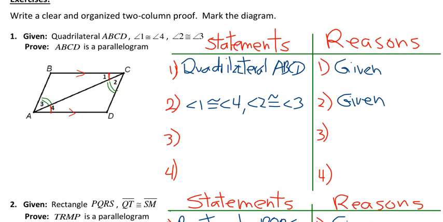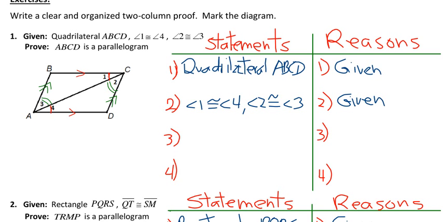So for the same reason, AB would be parallel to CD because you have 2 alternate interior angles that are congruent, and so we can conclude that these 2 segments would be parallel. So AB is parallel to CD.